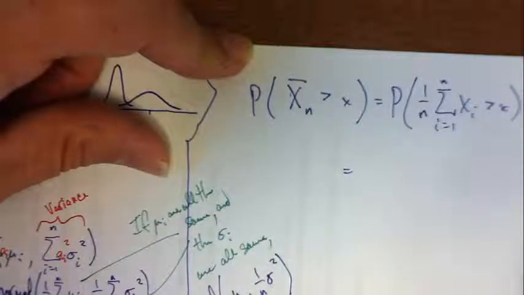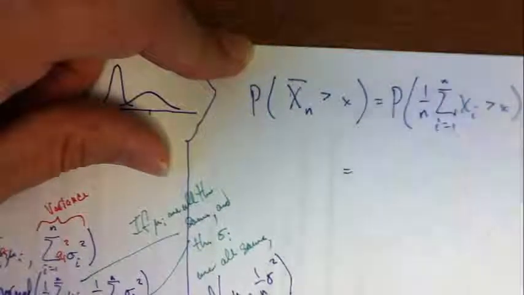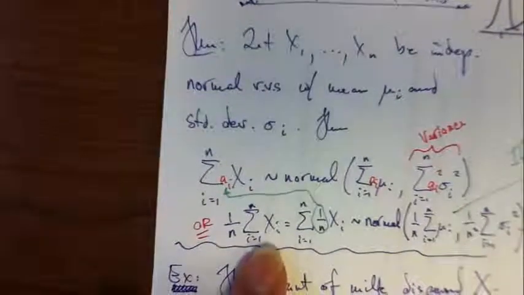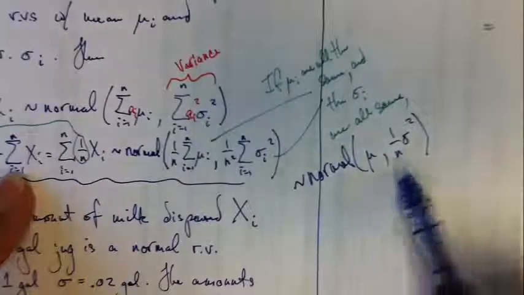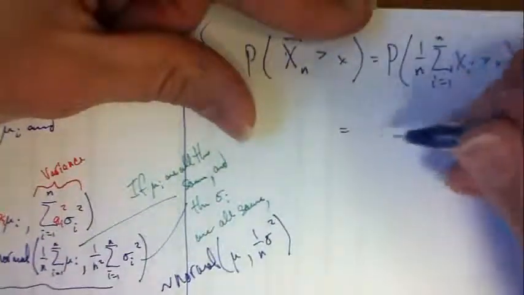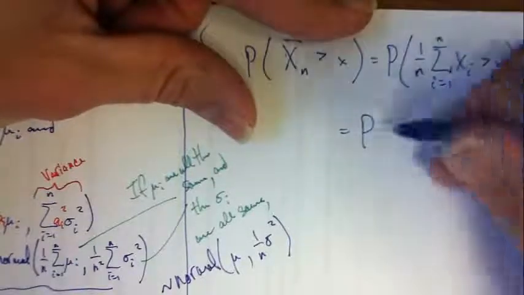But I know that this thing behaves like a normal, doesn't it? And since all these mu sub i's are the same, in fact, I know that we have this result here. It says that this thing behaves like a normal with mean mu and variance sigma squared over n.